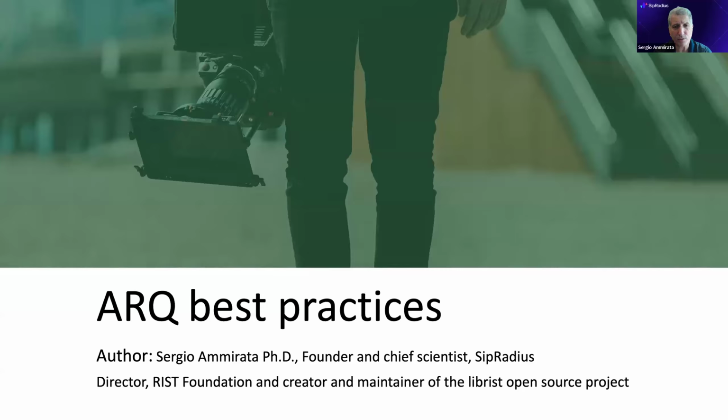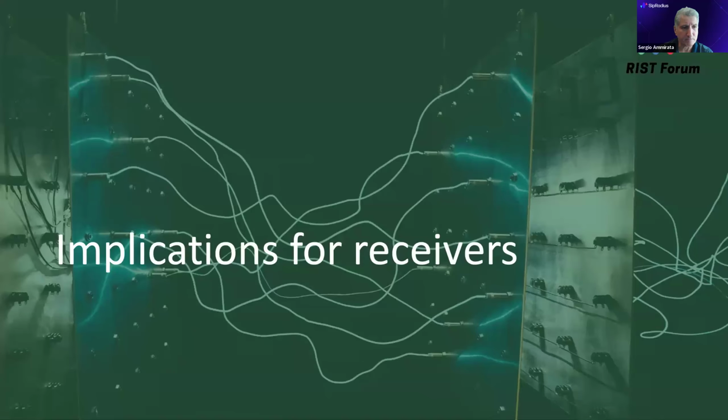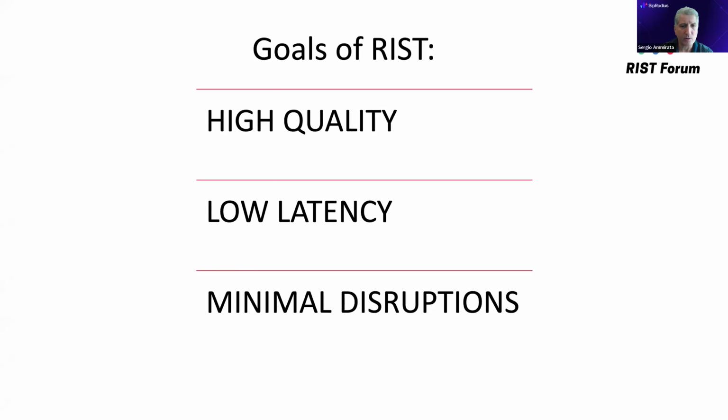All right. I'm going to be talking about the receiver optimizations, and I'm going to also get into some of the specifics of the LibRIST implementation of these types of optimizations. So let's go over what we need to do on the receiver side to obtain a high quality, low latency connection that will not kill your network when a major network disruption occurs, which is a key element, right?